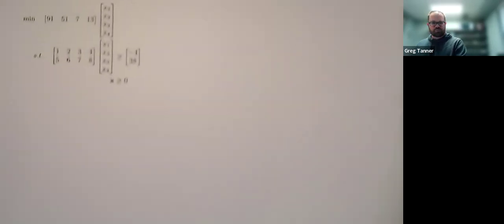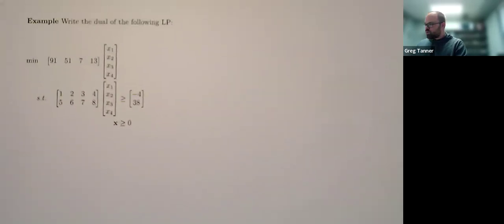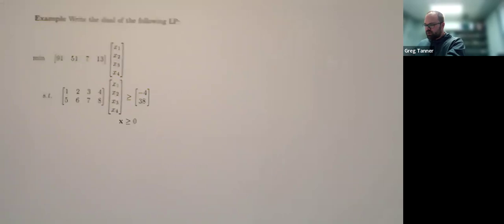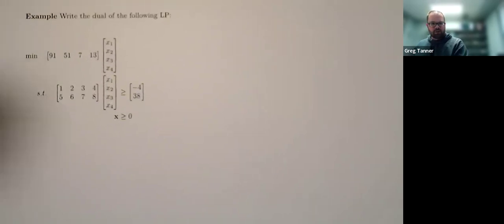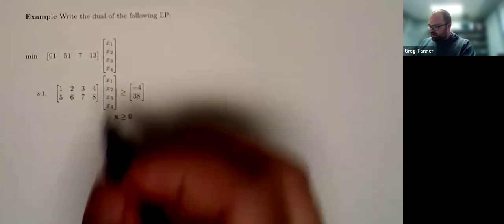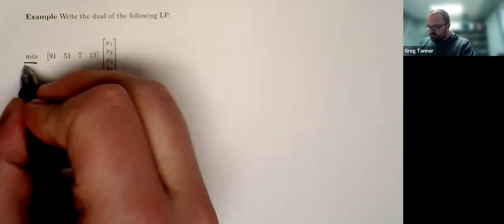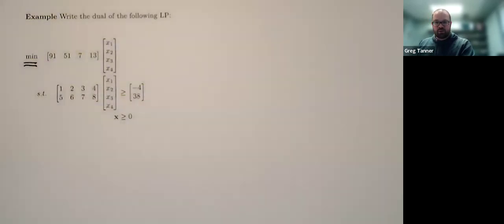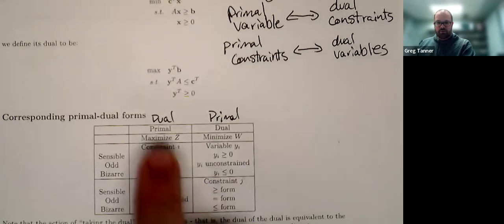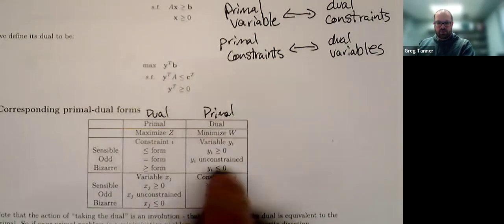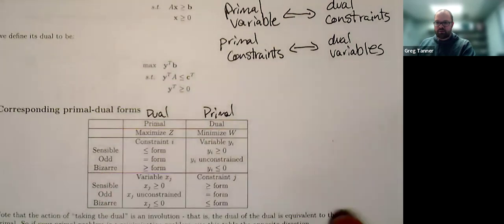So let's get practice writing the dual of a problem. Okay, so here we've got X variables. Notice we've got a minimization problem. So that's important to take note of. So we're going to start in the right side of this, and we're going to be essentially moving this way.